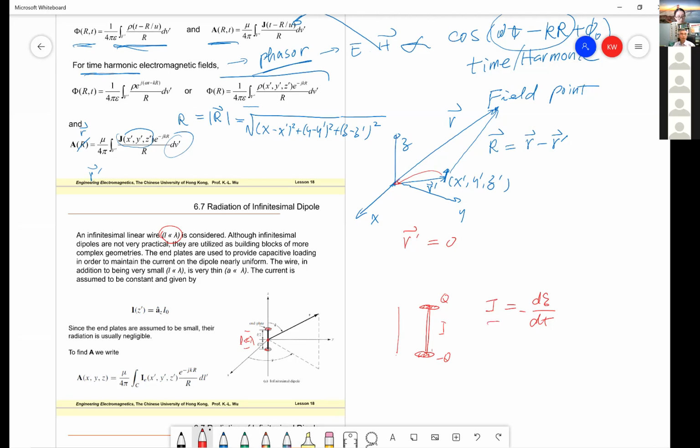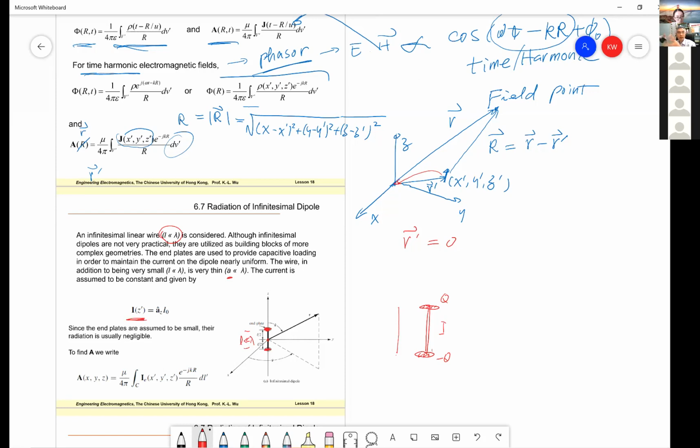That is why I put two very small plates. But these plates don't participate in the radiation. And also I assume the conducting wire that carries the current is very thin, the radius is very small.